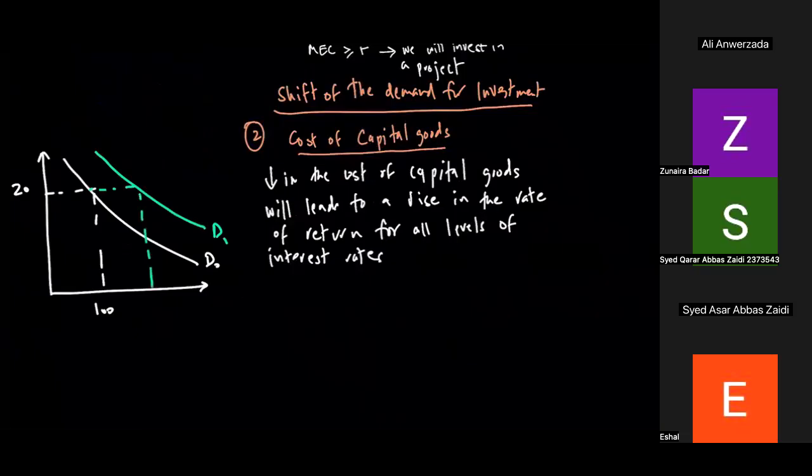So your demand for investment will shift out because your interest rates are the same, but the rate of return has gone up because the cost of capital goods has gone down. So lower the cost of capital goods, higher will be the investment for all levels of interest rates. Why? Because suddenly your rate of return will go up because the initial investment has gone down. Do we get it? Does that make sense?